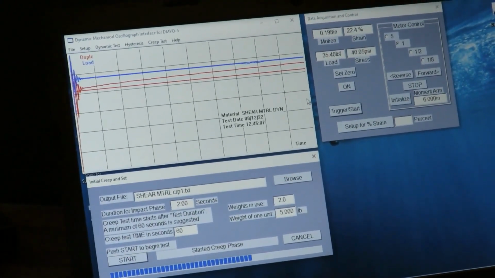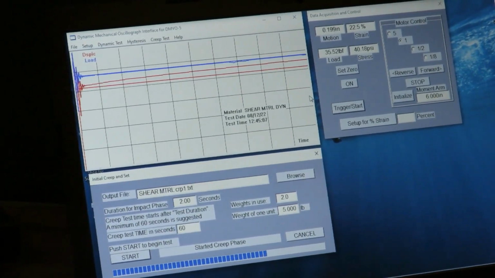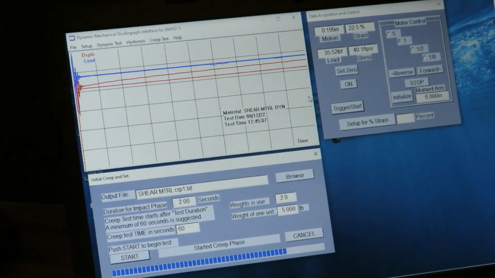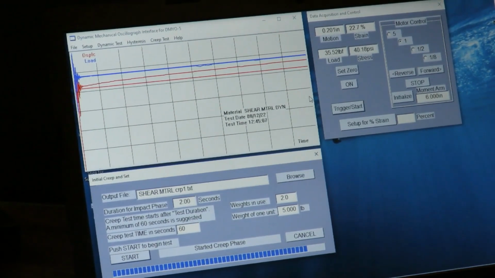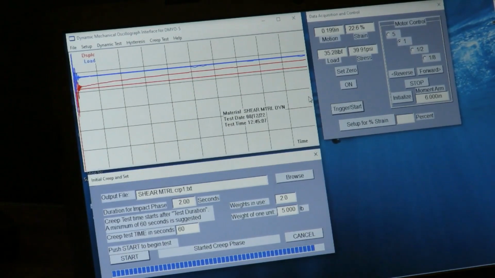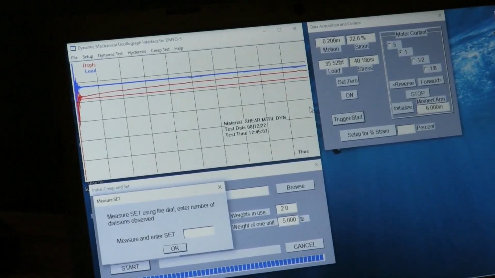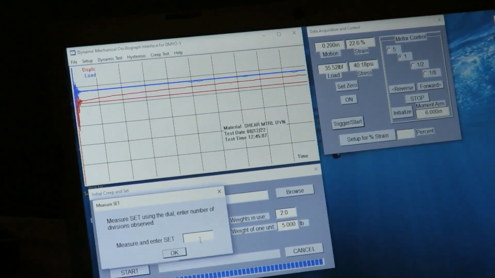Creep is very important for products that go into constant strain, constant stress situations under weight, such as heavy loads, seals, and anything that seals a product from ambient conditions, which has to be designed for good creep properties.